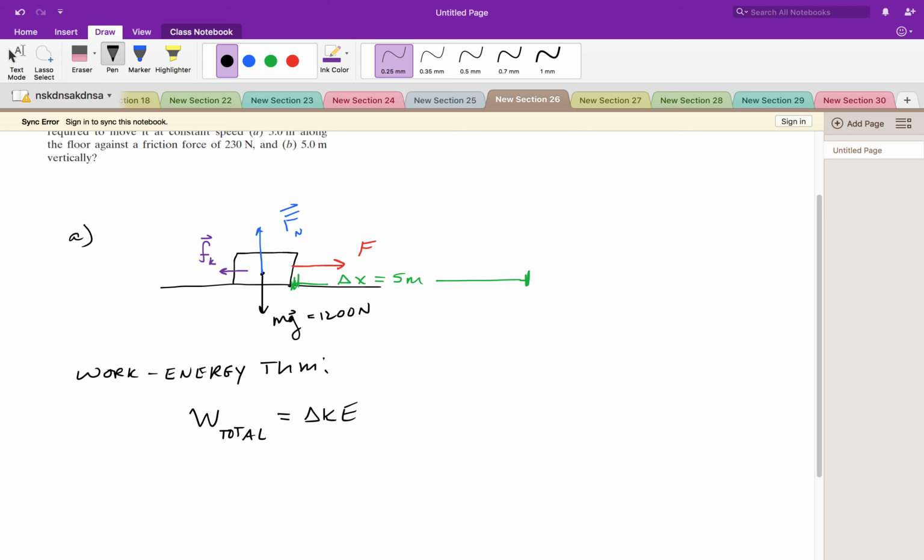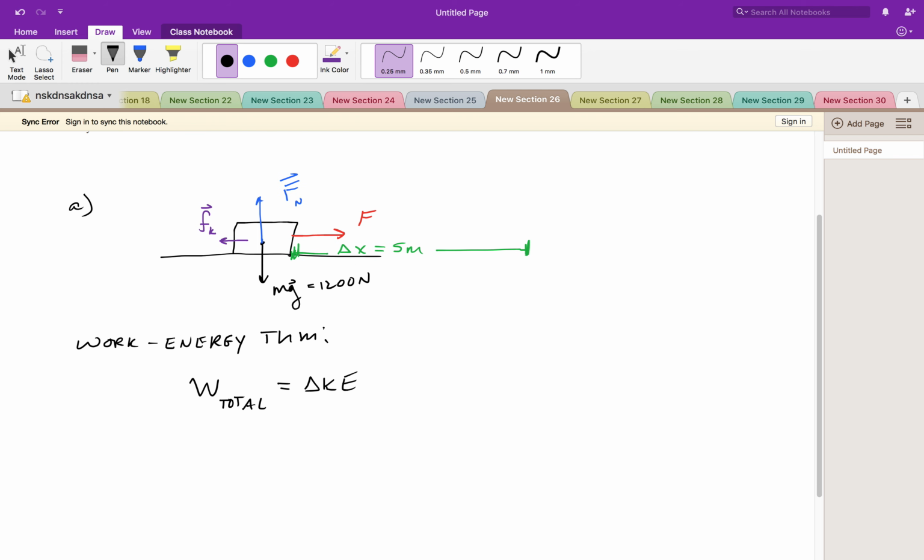Now, the total work here is in two pieces. It's the work done by the pushing force plus the work done by friction. And the change in kinetic energy is going to be 0. How do I know that? Delta KE is 0 since the velocity is constant.